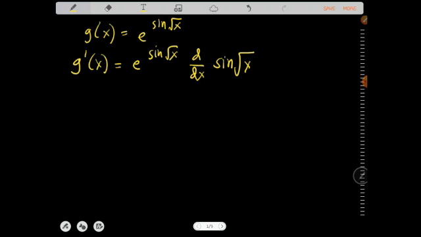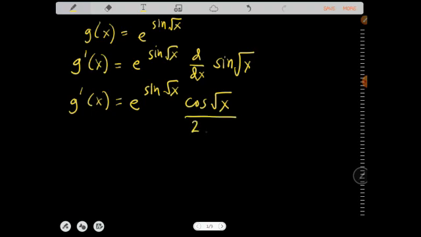Okay? Simplifying the equation, that is equals to e raised to sine square root of x. The derivative of this is cosine of x, di ba? Over 2 square root of x. Because that is our rule number 8, di ba? There is 2 square root of u below, so this is 2 square root of x also.